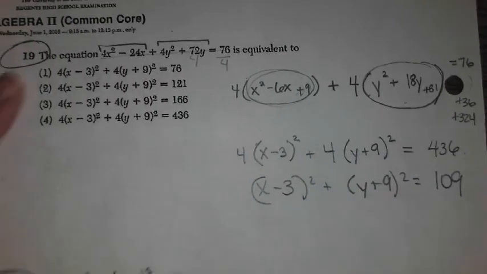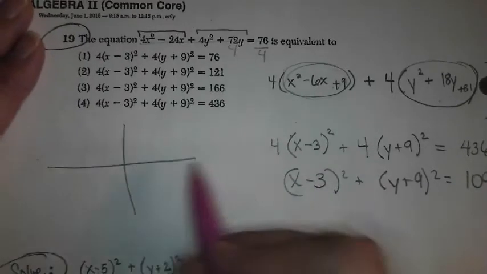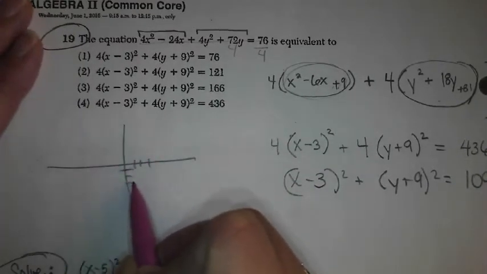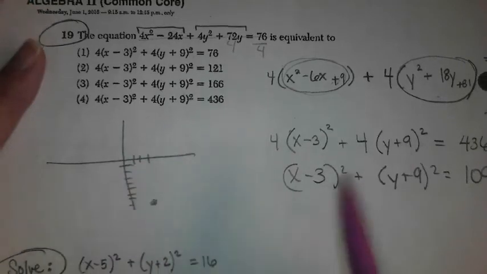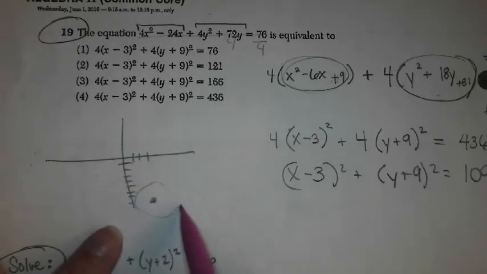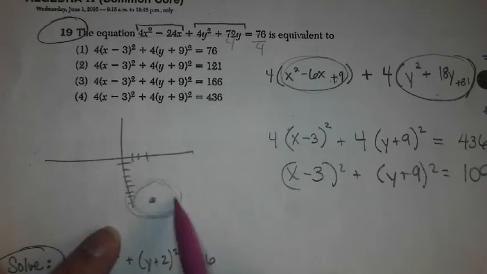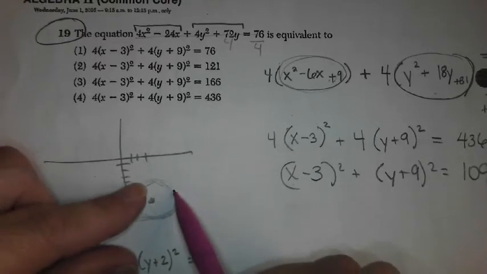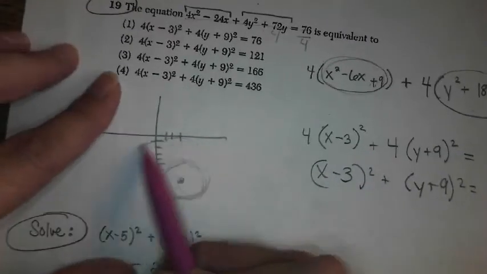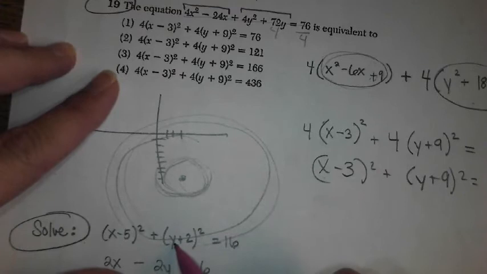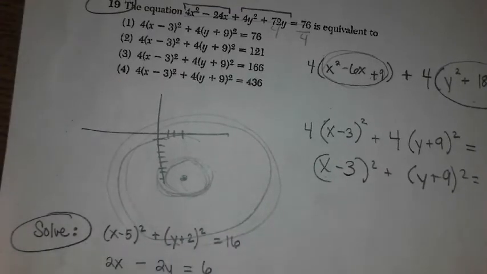Yeah, but think transformations. They're both centered at 3, -9. So, perfect. Here's the traditional one with whatever radius it has. Then if you multiply everything by 4, it just got 4 times as huge. Make sense? So there is a transformation wrapped up in there somewhere.